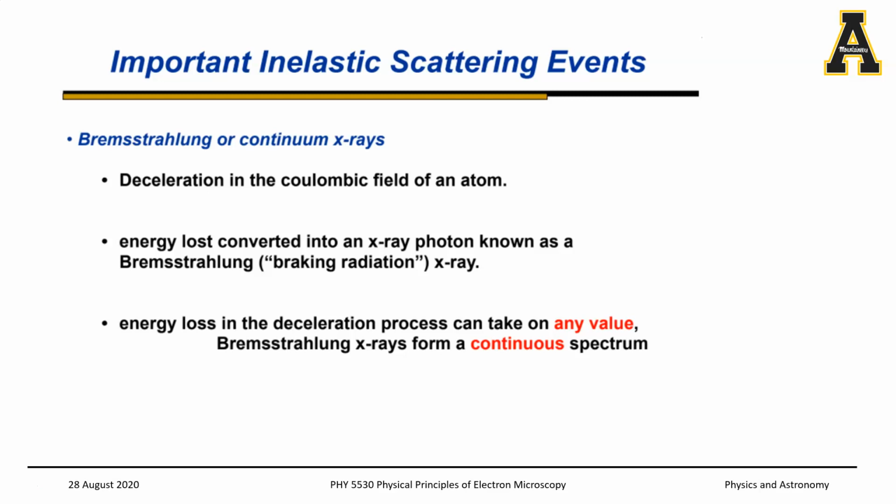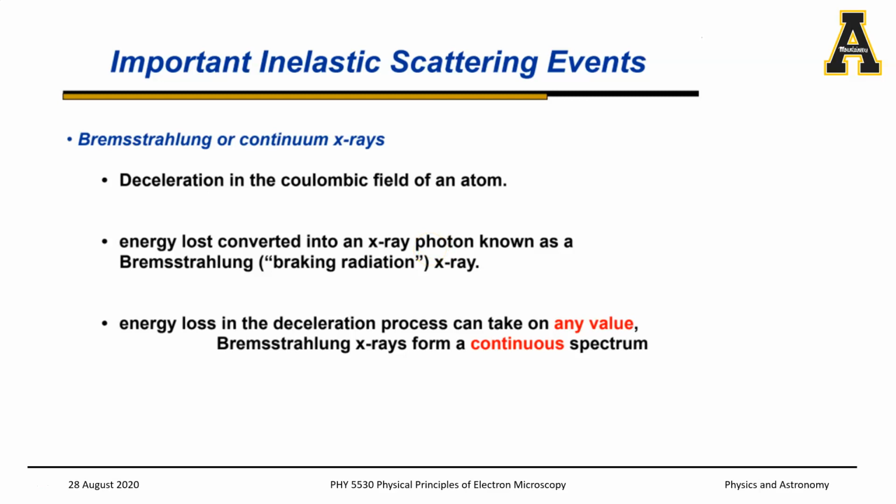But the other possibility is that while the electron is approaching the nucleus, it sees the force field, and as a result it is constantly decelerated, right? It slows down, and as it is slowing down, the electron loses energy, and it releases that in the form of X-rays, right? And this can happen over a wide range of energies, which is also why these are called continuous spectrum.